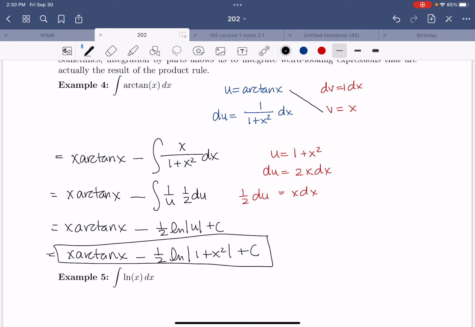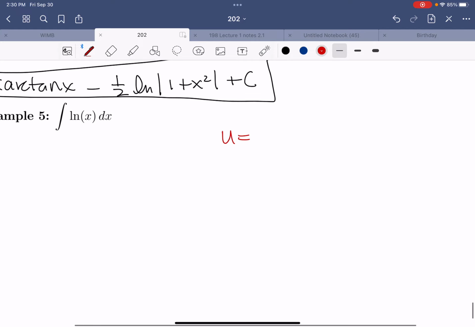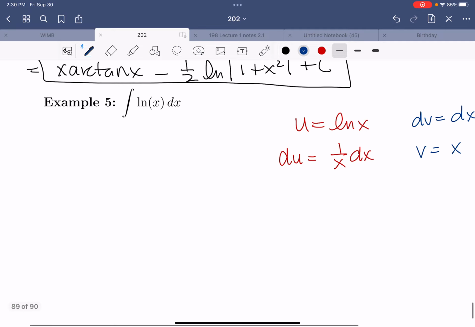We can do exactly the same thing for ln x. So in the same way, I make my u the ln x because I don't know its antiderivative. That means my dv is the dx. So my du is 1 over x dx, and my v is just x.